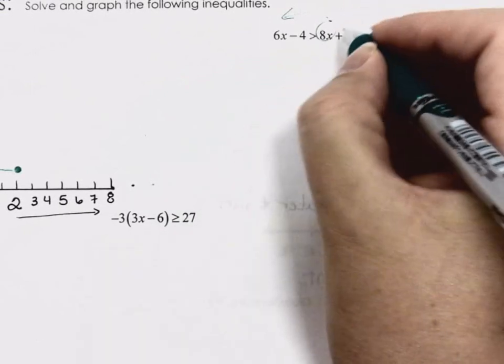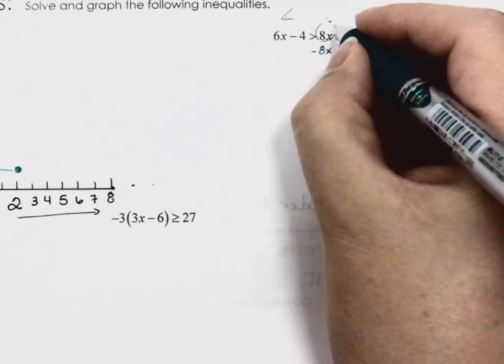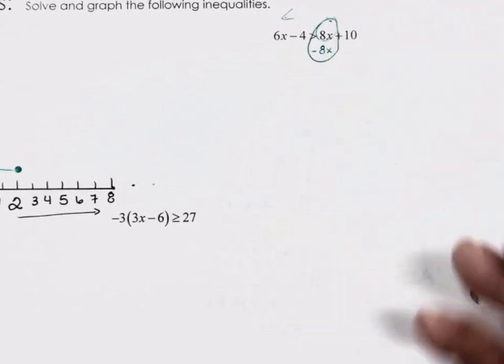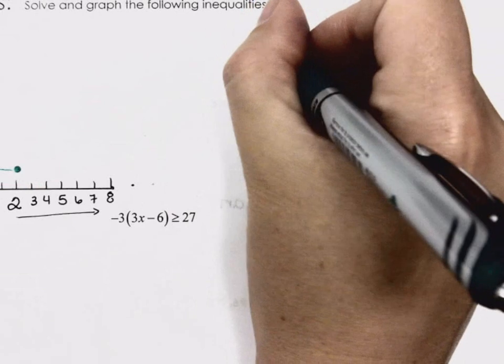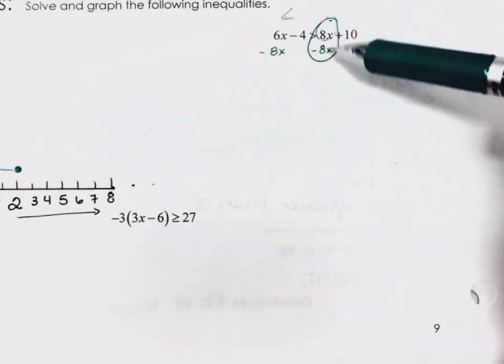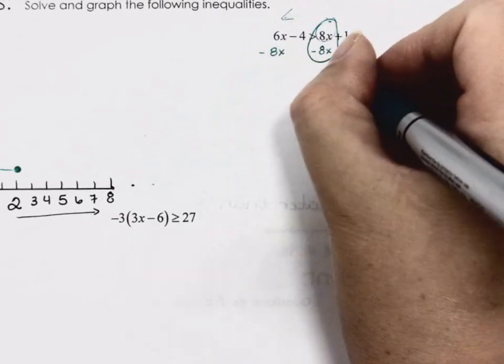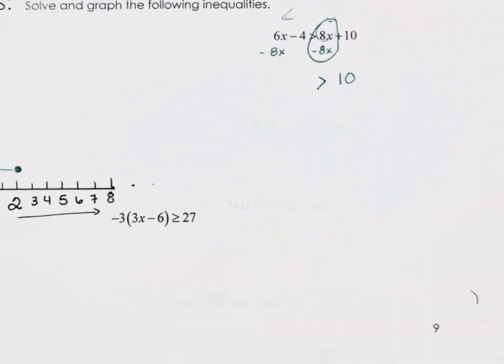So if it's a positive 8x, I'm going to subtract 8x because that will give me a 0, because I want to move it. And I'm going to minus 8x here. And notice I stack them under the like terms. So on my right-hand side, I just have that positive 10 left.